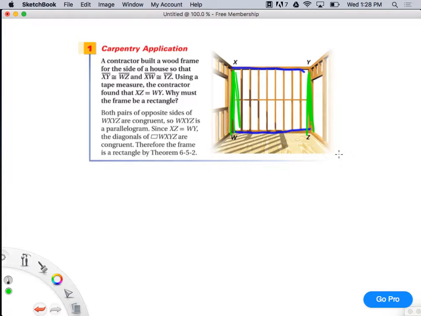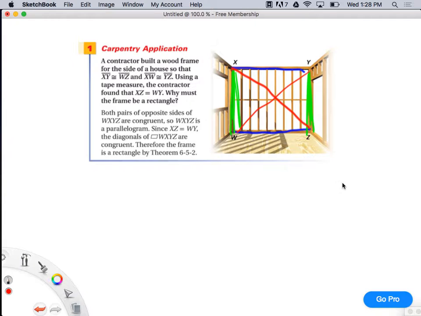Using a tape measure, the contractor found that XZ equals WY. So what's XZ? Well, this is XZ and this is WY, and he says that those are equal. What are those two lines that I just drew? Diagonals. Why must the frame be a rectangle? Look on your paper. It has diagonals, but what do I know about the diagonals?